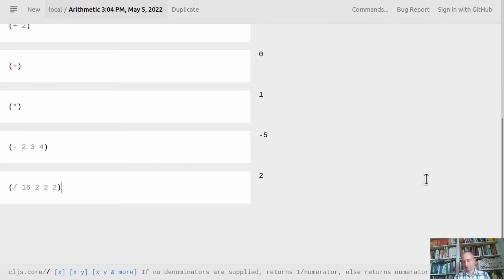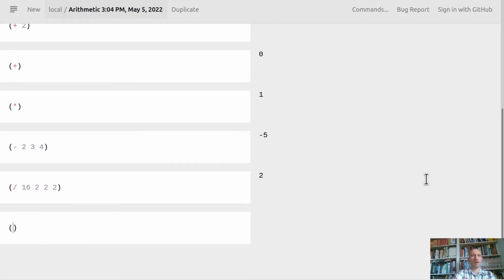Another advantage is that you don't have to deal with operator precedence. If I'm adding 2 to 3 times 4, which happens to be 14, there is just no ambiguity.